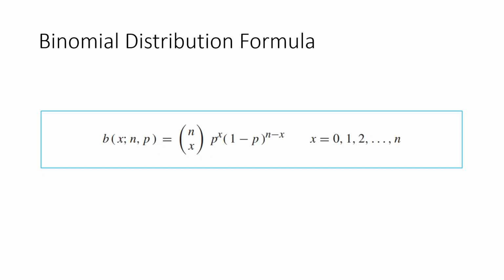So this is the final binomial distribution formula. All the terms which I have explained in the previous slides are put together here. This formula will give us the probability of getting x successes in n trials, if p is the probability of success. We will study a couple of problems on binomial distribution, and we will solve them by plotting the graphs of the binomial distribution for multiple problems in upcoming videos.